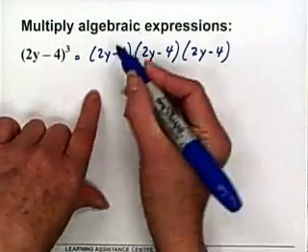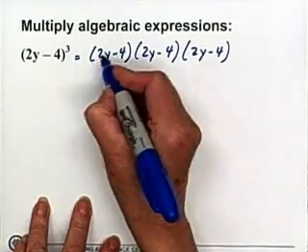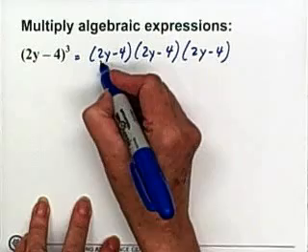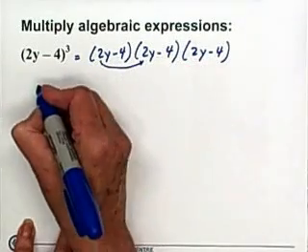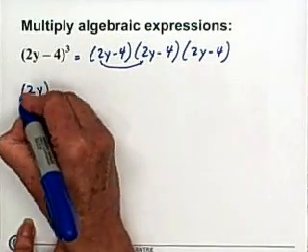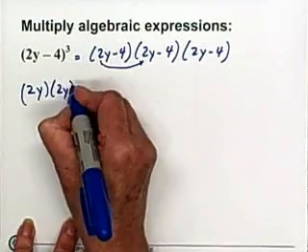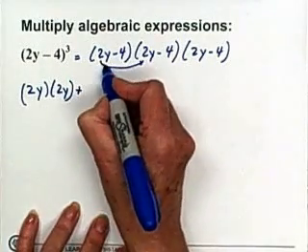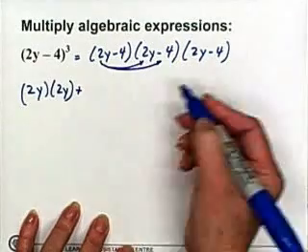So I'm just going to deal with these first two brackets and leave this one sit alone. I'm going to multiply 2y, using the same distributive rule as before. 2y multiplied by 2y. And then I have plus 2y multiplied by minus 4.